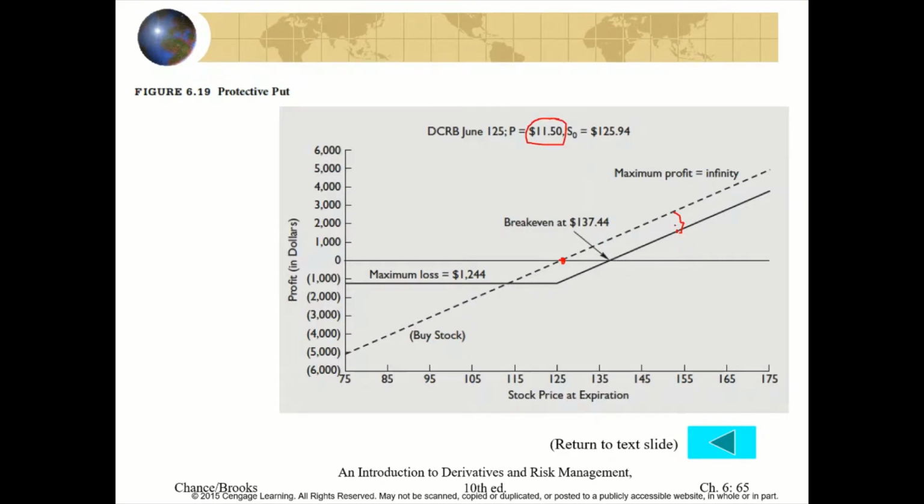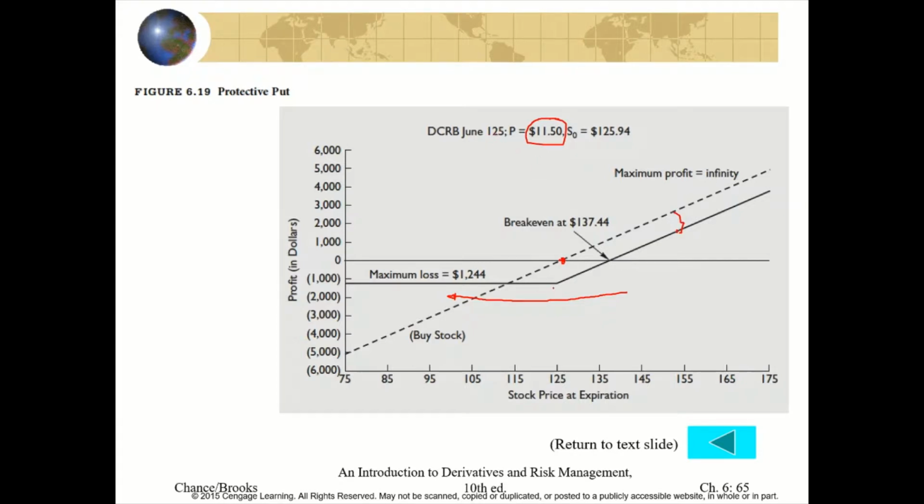So why are we sacrificing this profit? We are sacrificing this profit because it gives us protection in case the price of the stock goes down. If the price of the stock goes down, I have a put option, which means I have the right to sell the stock for 125.